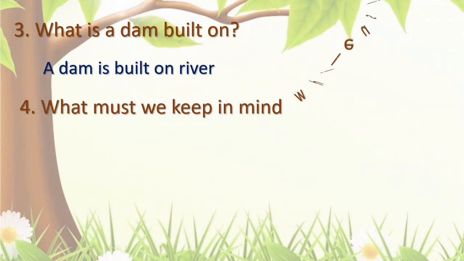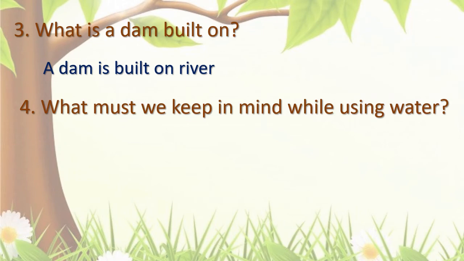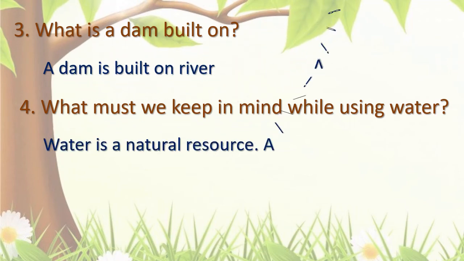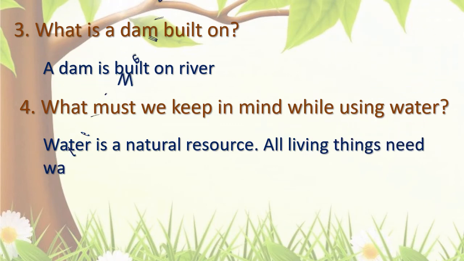Next, fourth, what must we keep in mind while using water? We need water for every purpose. Daily we need water. But while using water, what do we have to keep in our mind? Okay, we will go through. Water is a natural resource, right?